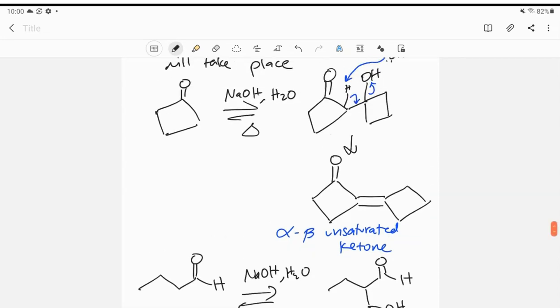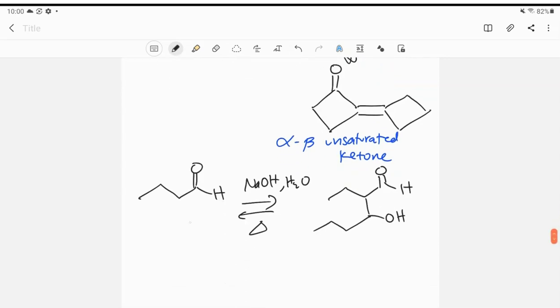So like that cyclobutanone attacked another cyclobutanone. These are not mixed yet. Mixed ones would mean we're having something like this plus another aldehyde or something. That would be a mixed one. So if we just have our single reactant, it's not mixed quite yet.